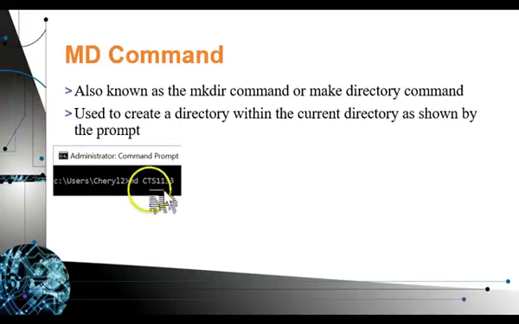So that right there is going to create a directory within the Cheryl2 subdirectory. So there's going to be users, and then underneath users is Cheryl2, and then underneath Cheryl2 is going to be another subdirectory called CTS1133.